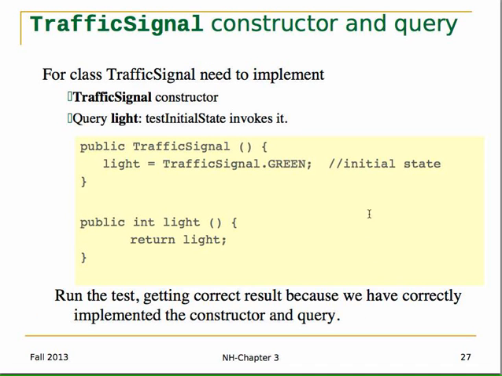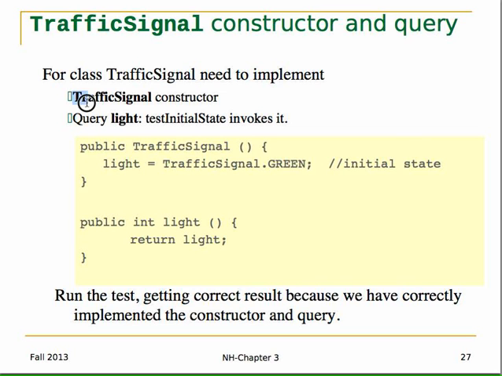So now let's take a look at the traffic signal class and see what kinds of methods should go in it. First of all, we should probably start with the constructor, and the constructor should just initialize all of its data members. There's only one really, light, and we initialize it to the green state. So the initial state of light should be green. So that's simple.